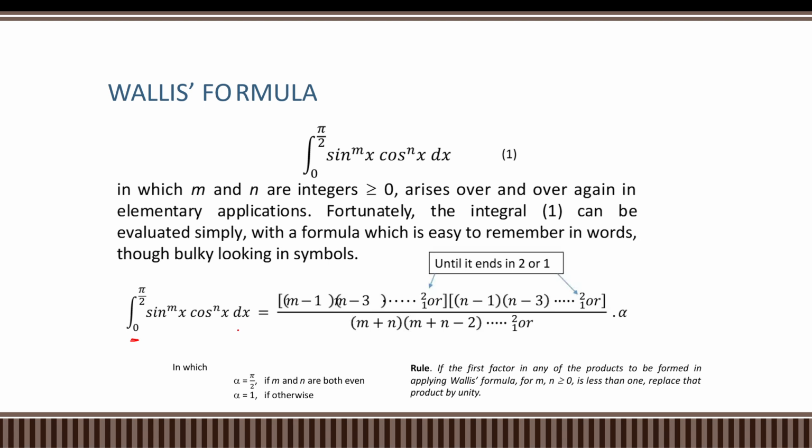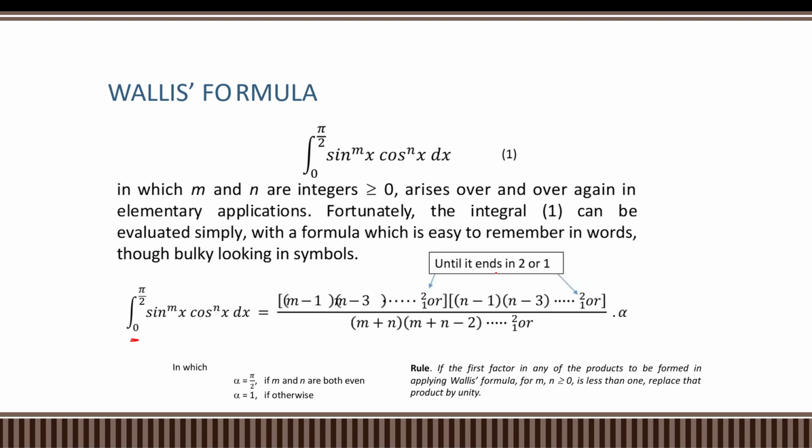If the first factor of any of the products to be performed in applying Wallis formula for m, n greater than or equal to 0 is less than 1, replace the product by unity. The products continue until they reach 2 or 1.